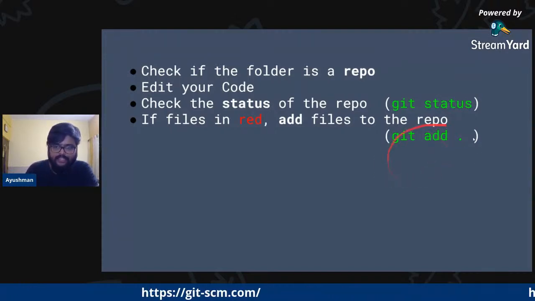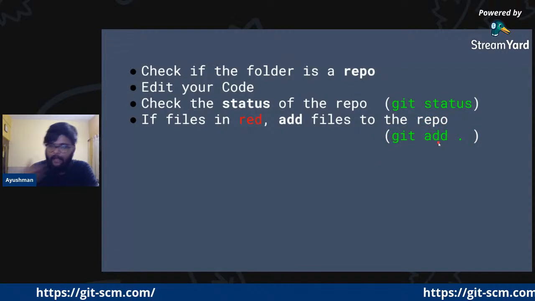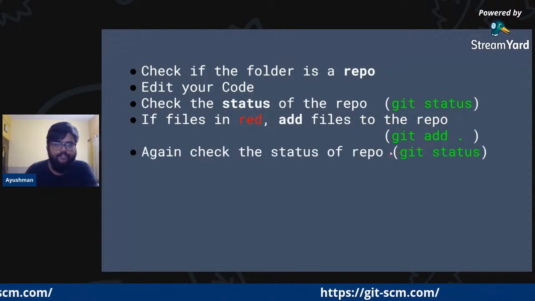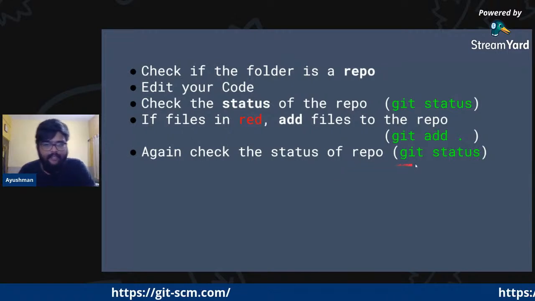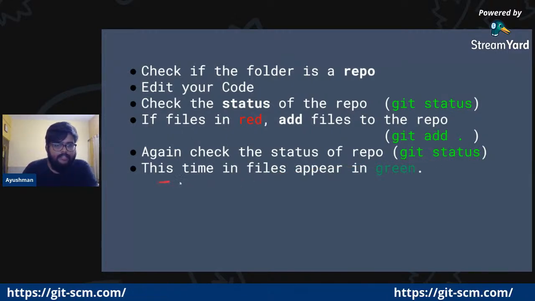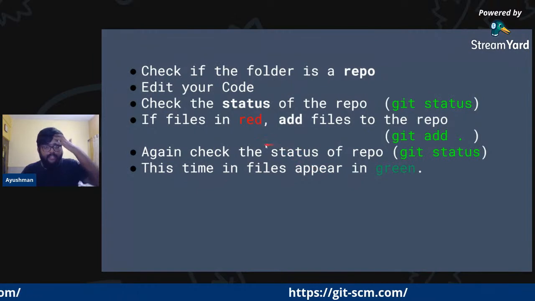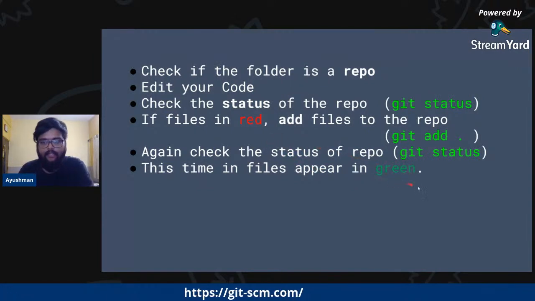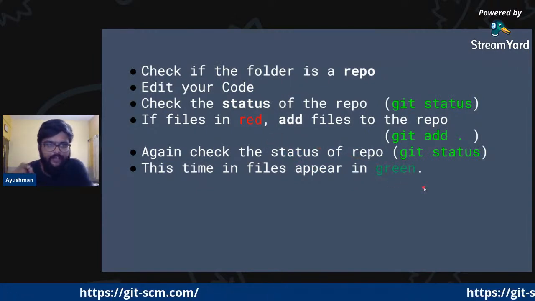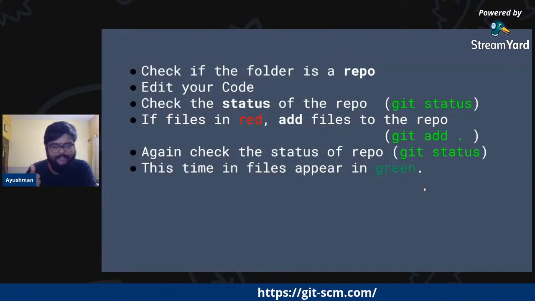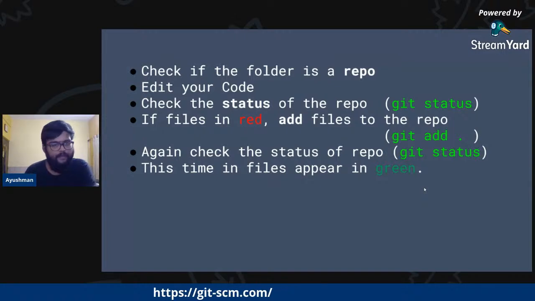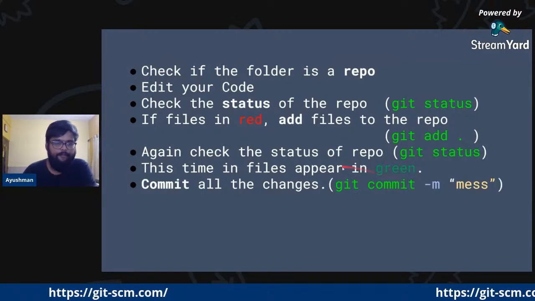Now, as soon as I add all the files to the repository, again I will check my status. And as soon as I check my status, I'll find that this time all the files which were appearing in red now appear in green color. That means your files have been added to the repository successfully. Cool.